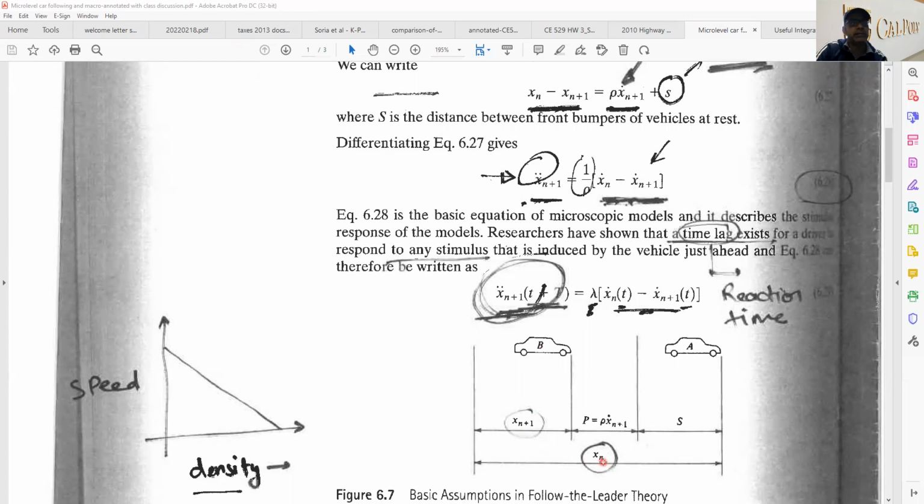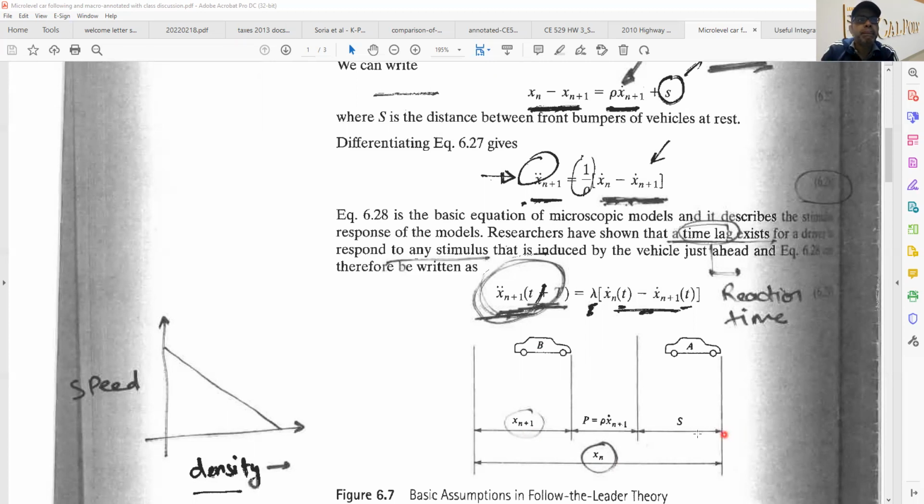So you could define it as xn minus 1 for the leader and xn for the follower, but we are not doing that. We are doing xn for the leader and xn plus 1 for the follower. So the follower will always have a larger subscript because they follow the leader. So n comes before n plus 1, so the leader comes before the follower.